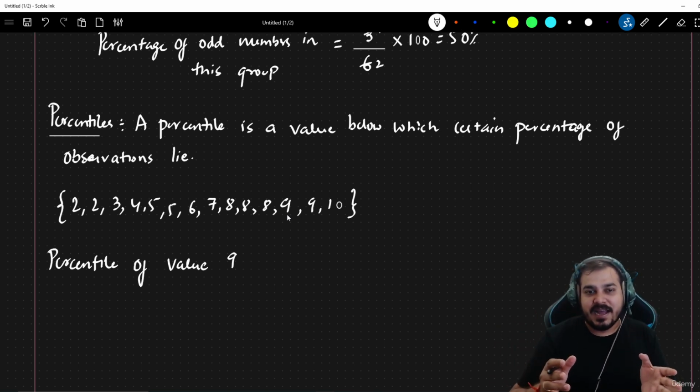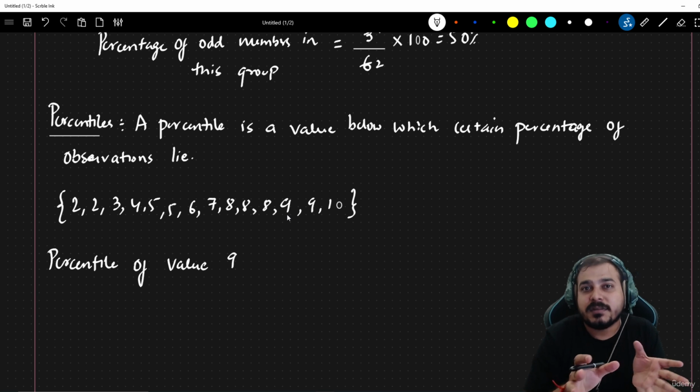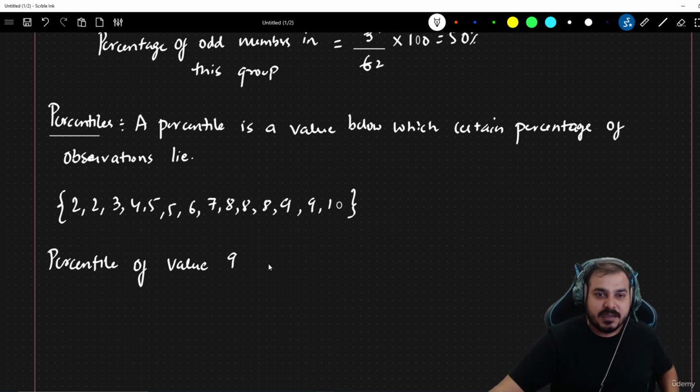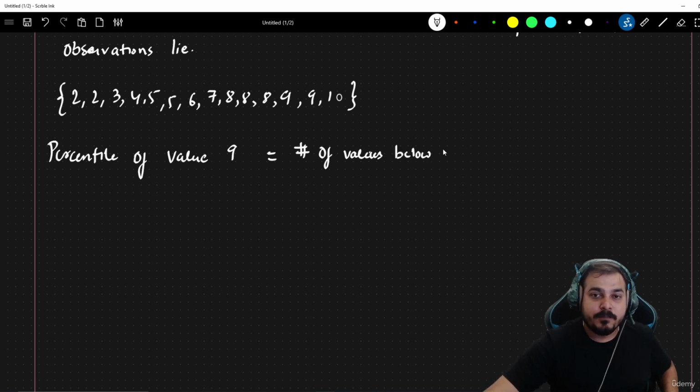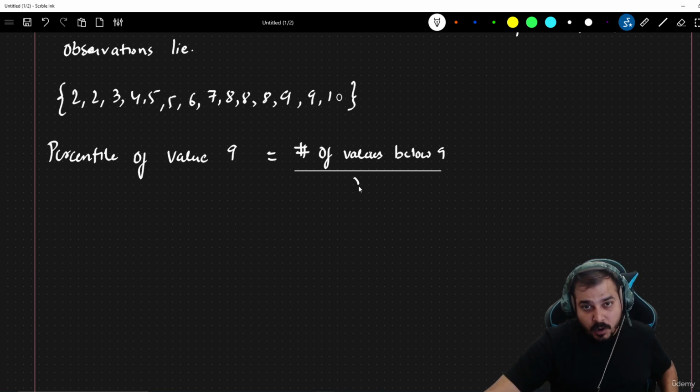So for this, the formula will be very simple. It will say: the number of values below 9, divided by small n, which is my sample size, multiplied by 100.